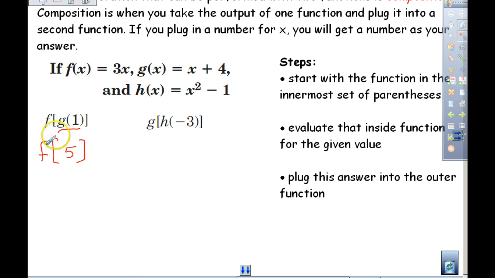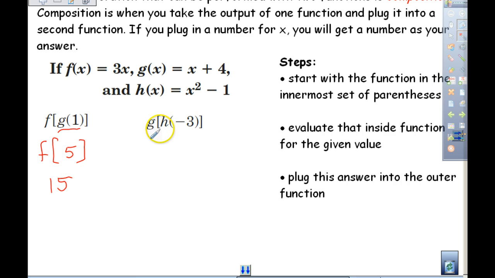Now take 5 and plug it into the f function. All right, plug in f and 5 into here, and you get 3 times 5, which equals 50. So it's like doing 2 problems. It's just the second problem depends on your answer of the first problem. If we don't do the first problem correct, we'll plug in the wrong number into the second problem.